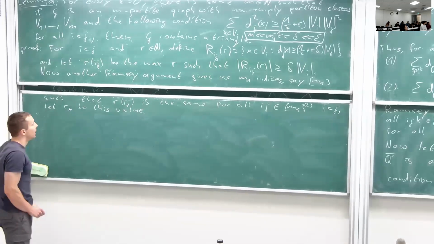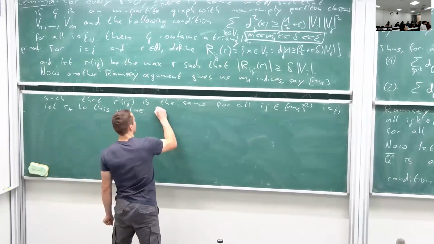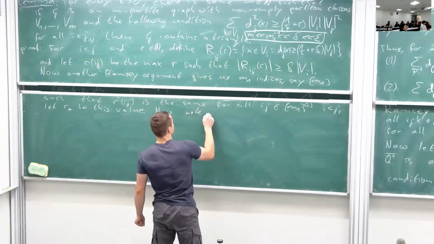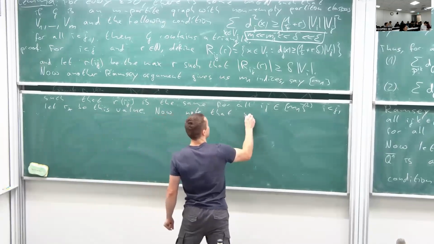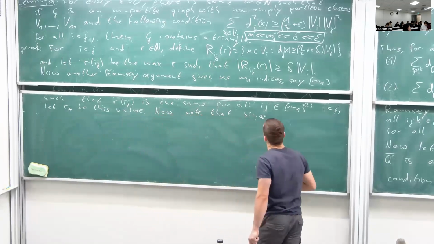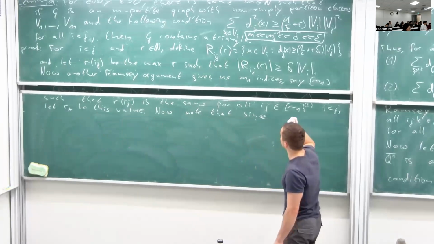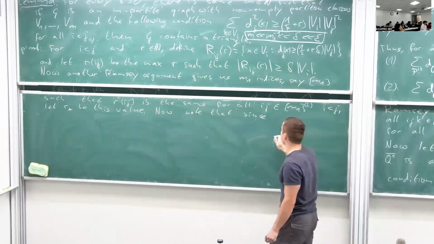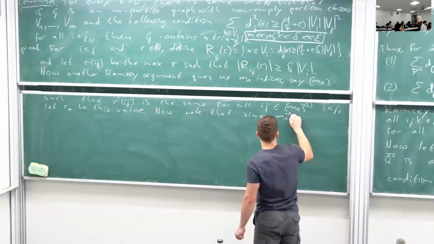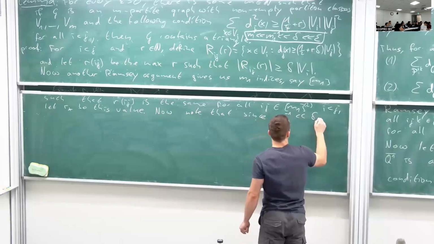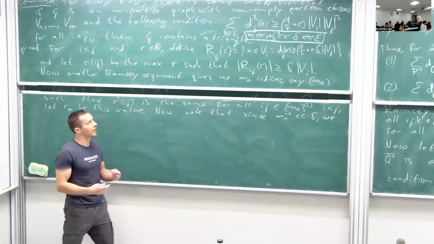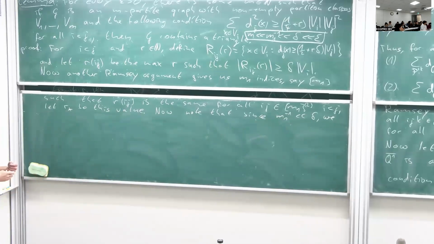So now note that since our M1 is still very large compared to delta, we can pigeonhole over these sets R1J.